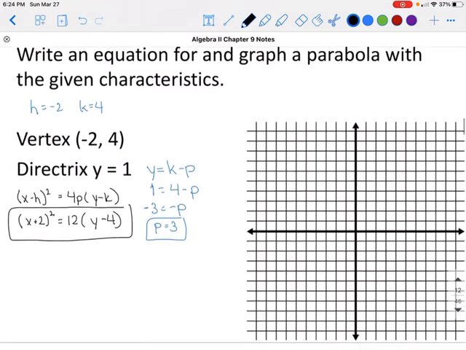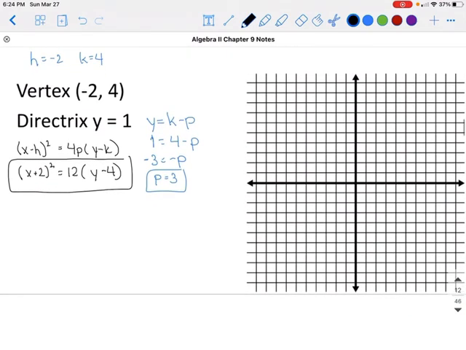We do know that our vertex is at negative 2 and 4. Our focus, because it is x minus h squared, the x part is squared, our focus will be h and k plus p, or in this case it'll be negative 2 and 4 plus 3, which gives us 7.